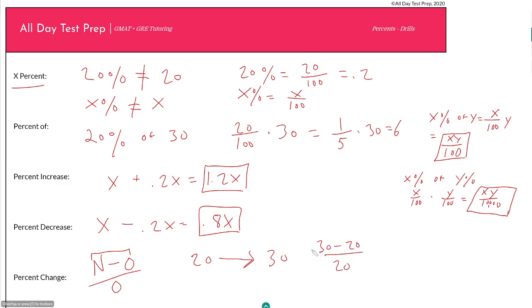And so we went up by 10 people. And so as a percentage of what we started with, it should be 10 over 20, which is a 50% change. And so really it's 30 minus 20 over 20 times 100 if you want to get the nominal value and not just the decimal value. So that would be 30 minus 20, 10 over 20, which is 0.5 times 100. So this would be a 50% increase because 10 is 50% of 20.